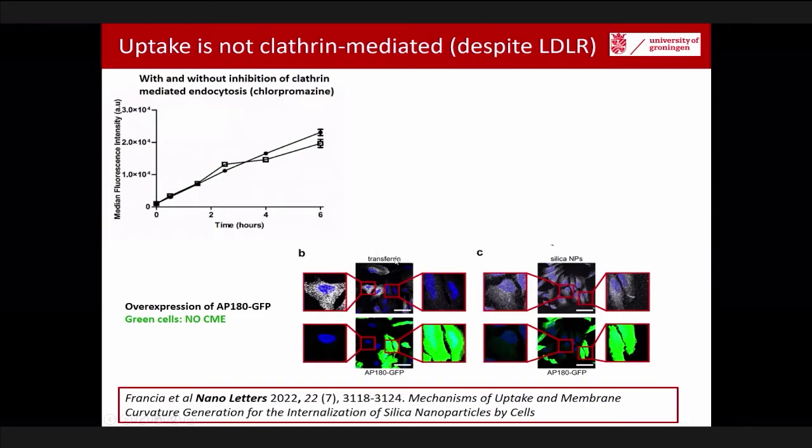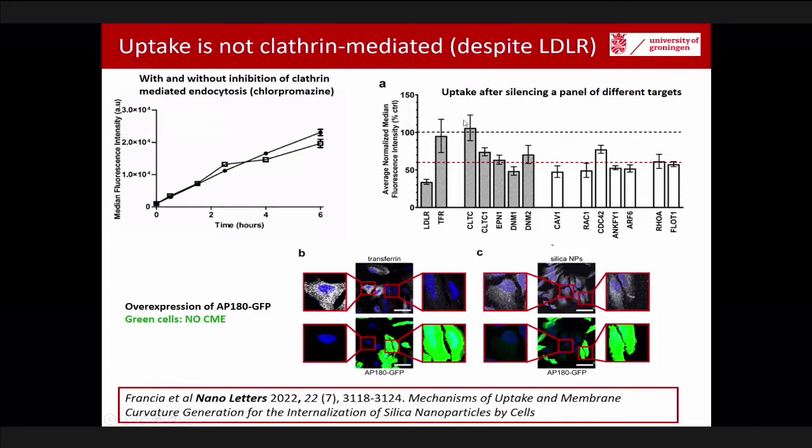Transferrin is another protein that enters via clathrin-mediated endocytosis, and you see the green cells do not take up transferrin, while the non-transfected cells have a huge transferrin uptake. And you do the same with these silica nanoparticles at high serum concentration, and in the green cells and in the black cells, so with or without clathrin-mediated endocytosis, uptake is the same. So this is another confirmation that the uptake seems to be not clathrin-mediated.